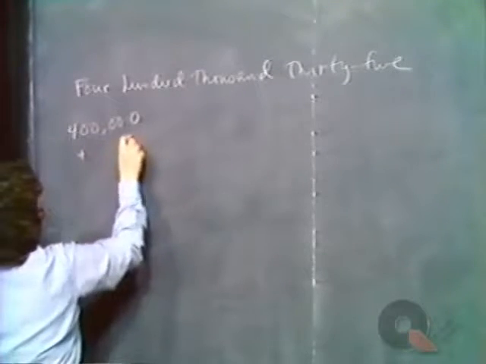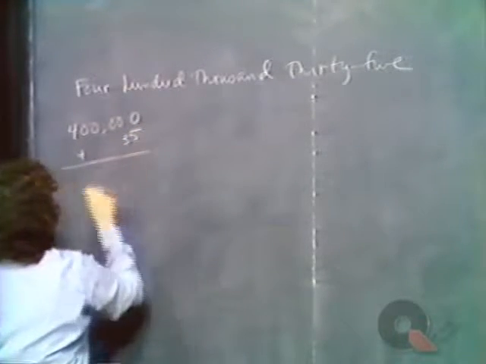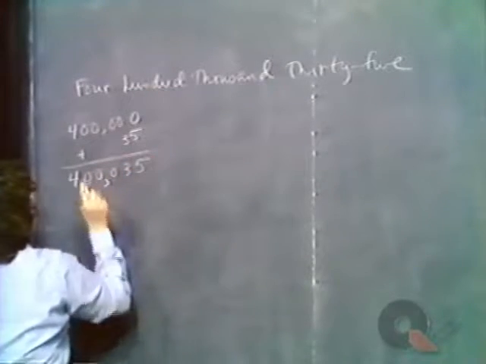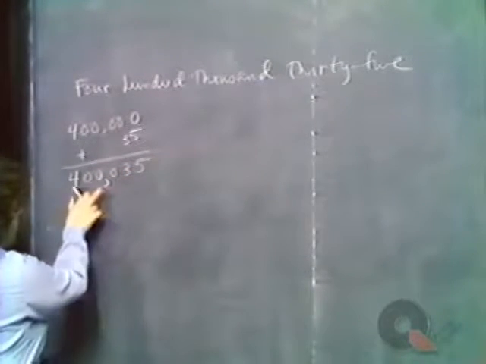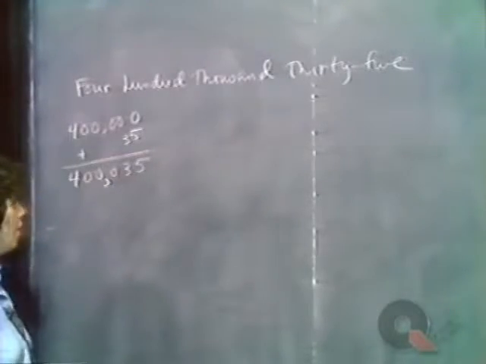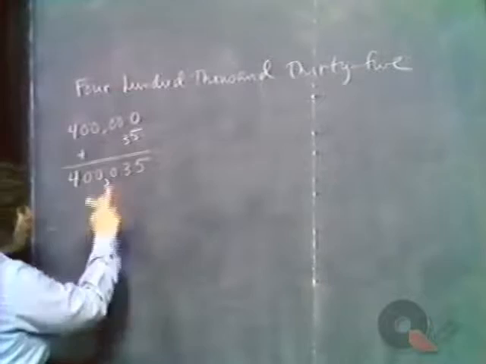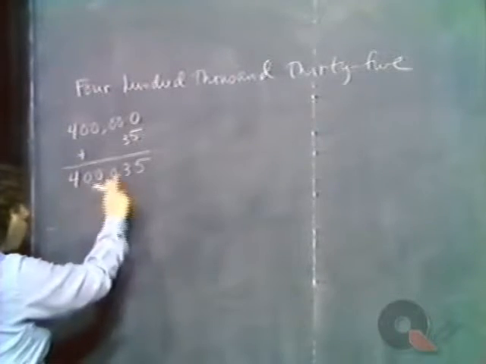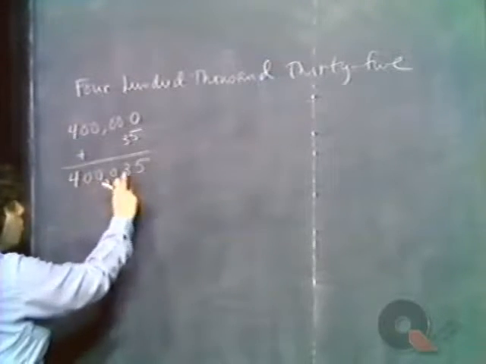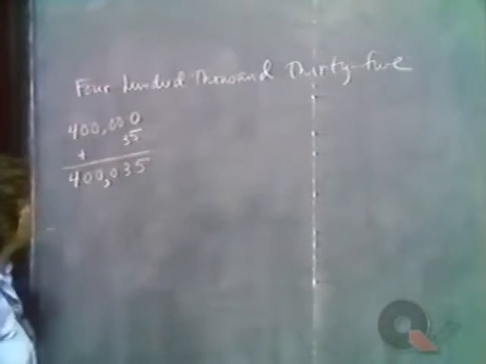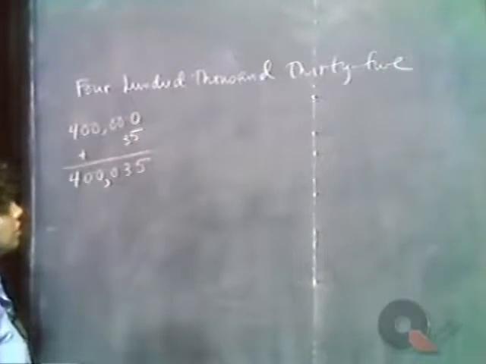We would write that way: 400,035. Okay, and as I said, remember, they're going to be trying to trick you, so you'll probably see as a possibility 4035, 40035, and so on. And it's up to you to know beforehand what the actual answer is. 400,000 plus 35.